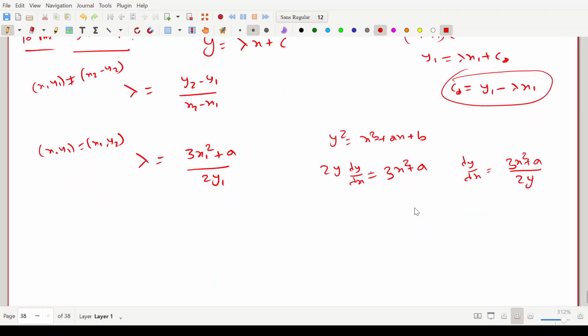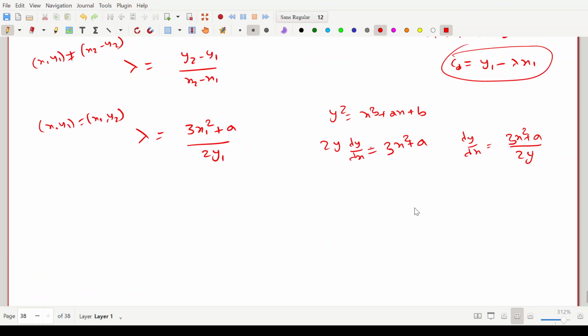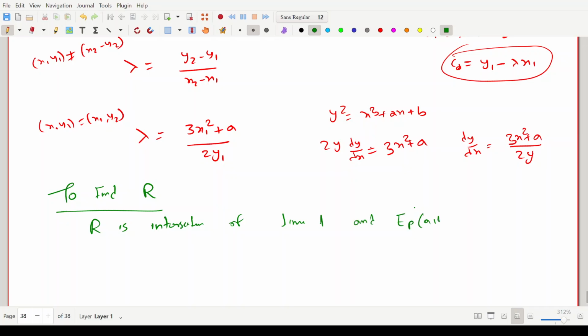Okay, so let me write, to find r. See, r is the intersection of line L and EPAB. Okay, so it is very simple. You just have to substitute what is EPAB.